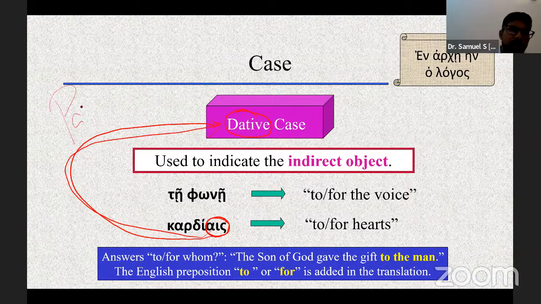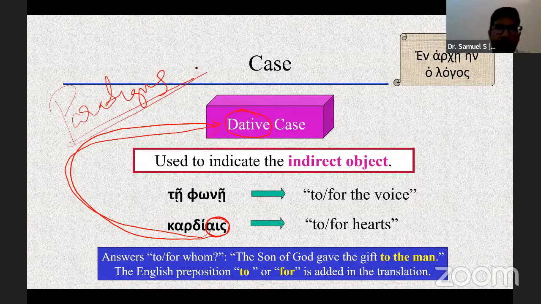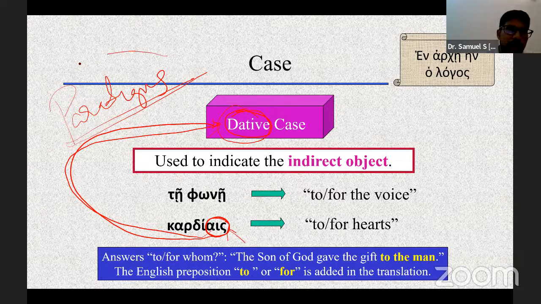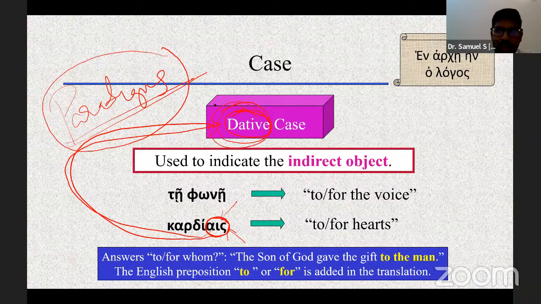We learn the paradigms. In a way, this is unfair to you because I haven't shown you the paradigms yet, so you don't really know that this ending communicates the dative case. So you have to take it at my word. But towards the end of the class, I will show you the paradigms. In the paradigms, you will see that this ending communicates dative case. And you have to memorize it.